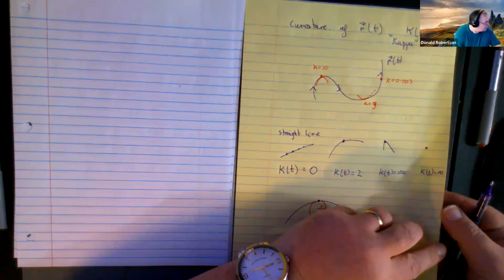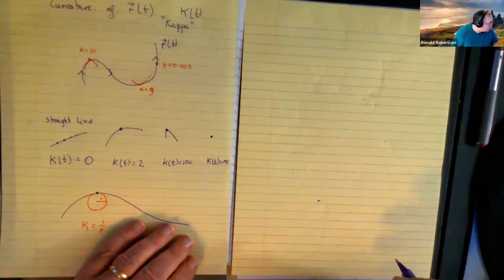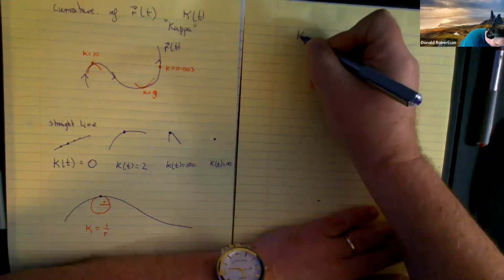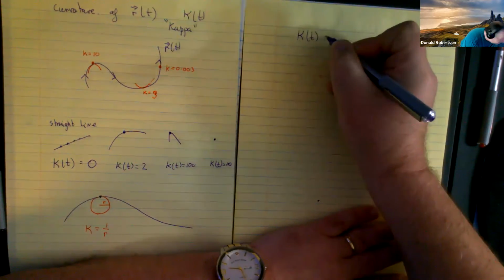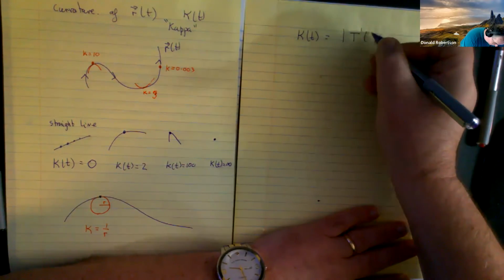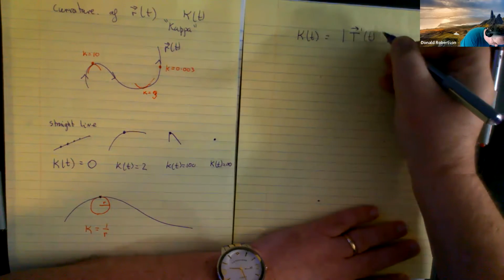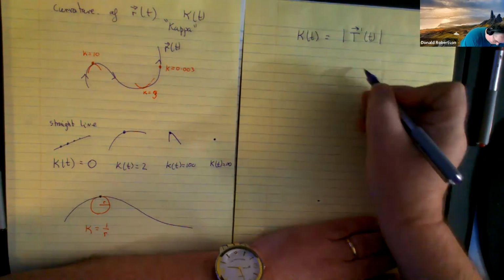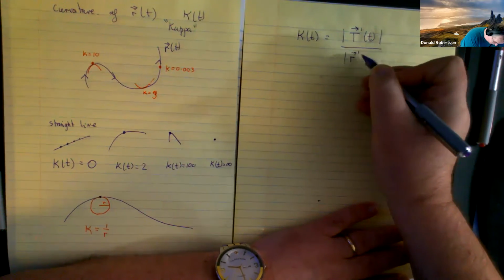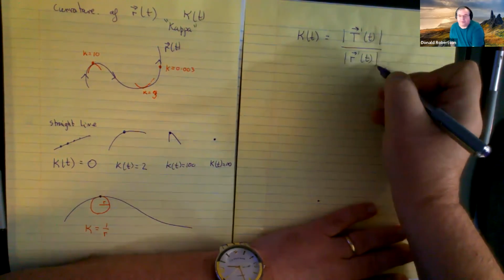How do we calculate it? Well, there are a number of formulas, but here's one of them. Kappa of t is the magnitude of the derivative of the unit tangent vector divided by the magnitude of the derivative.